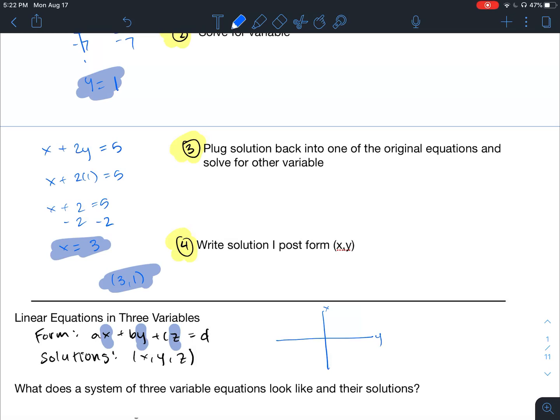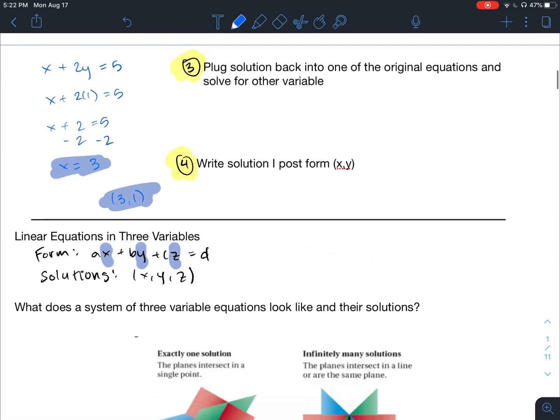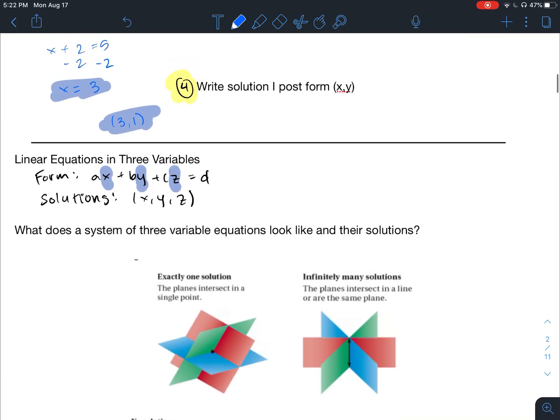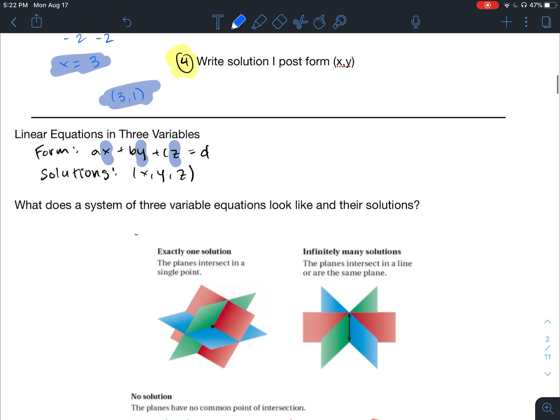But we're talking about a third variable, z. So if you can imagine, there is another variable right here. And now we're existing in a 3D space. So this is going to get kind of funky. So follow me here as best as you can. And go back and watch this if you have any questions. And then come to class prepared to ask me questions.